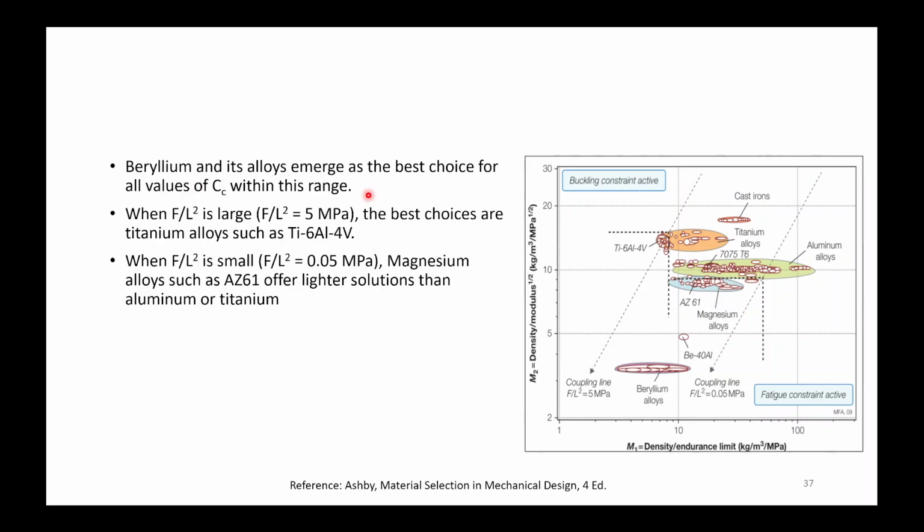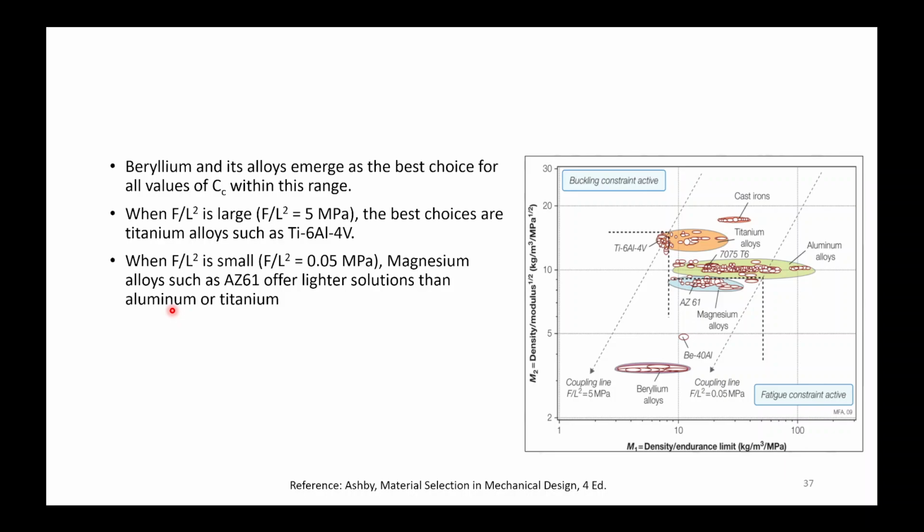When F upon L square is large, at 5 MPa, then below in this region it is the titanium, 6 aluminium, 4 vanadium alloy, so this is the best choice. If we take the coupling line for 0.05 MPa, then in this area, magnesium alloys such as AZ61 offer lighter solutions than aluminium and titanium.